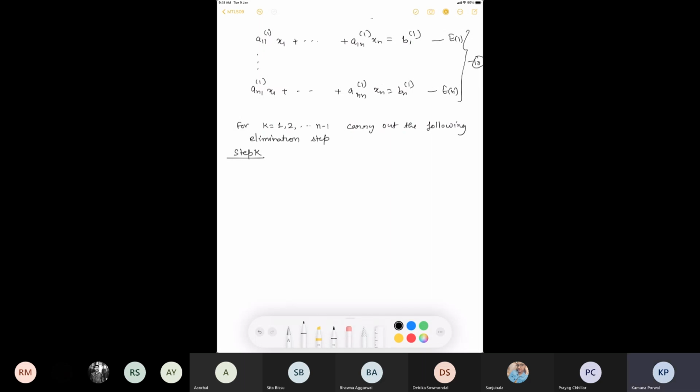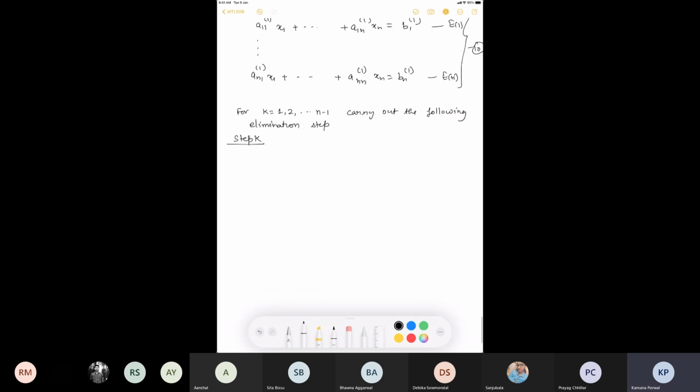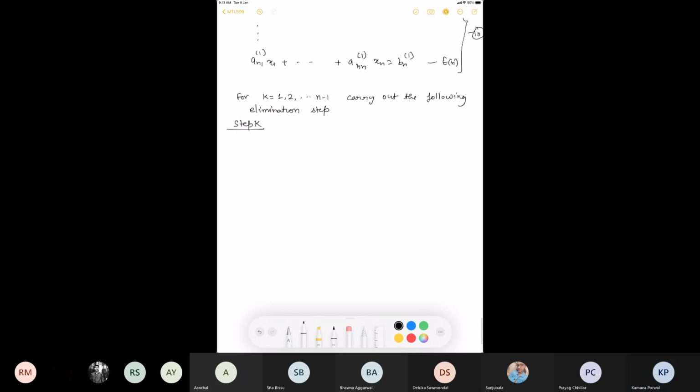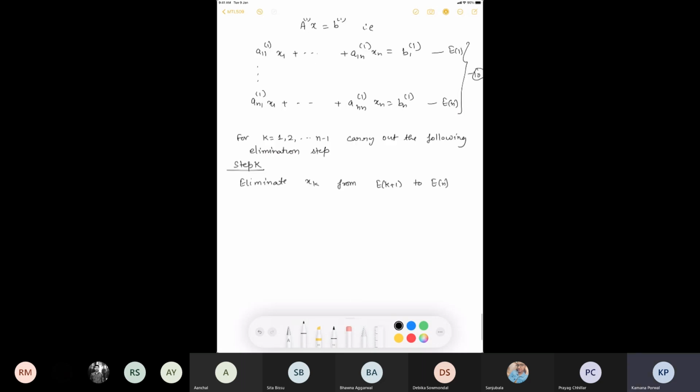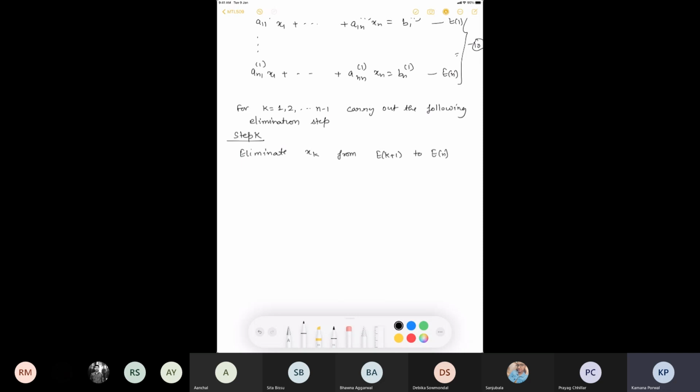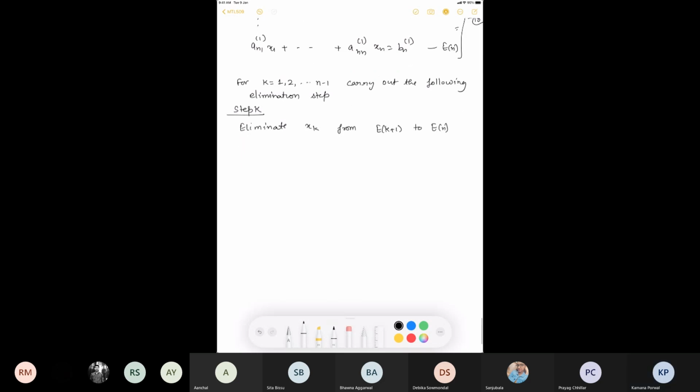So in the step K, we will be eliminating xk from the equation number k plus 1 to n, right? So let's write it down. So we eliminate xk from Ek plus 1 to En. So these Ek plus 1 to En are going to be in the system which we will get at the step k minus 1.